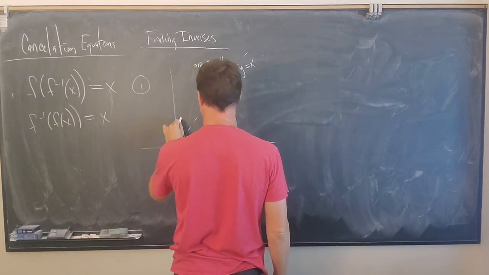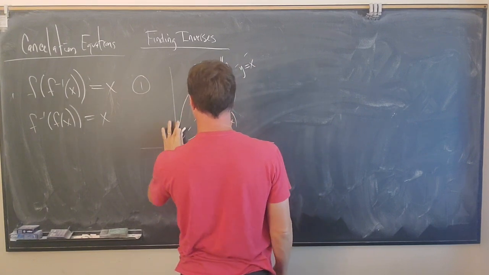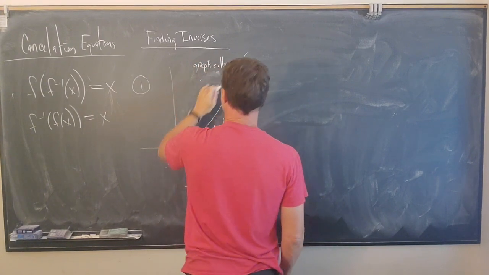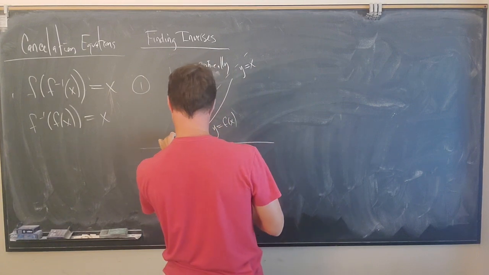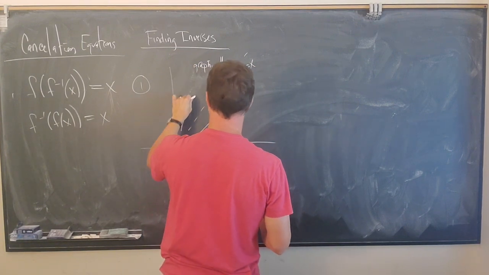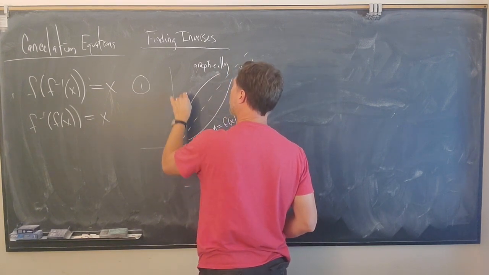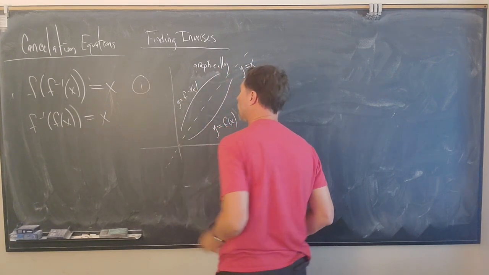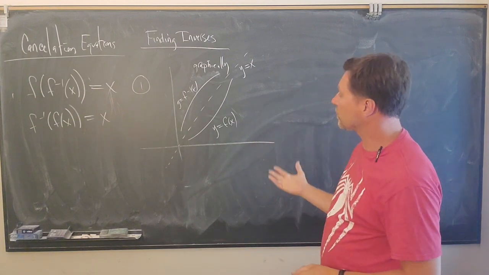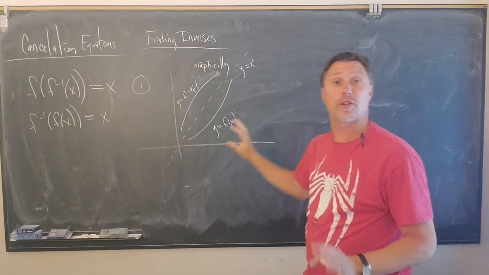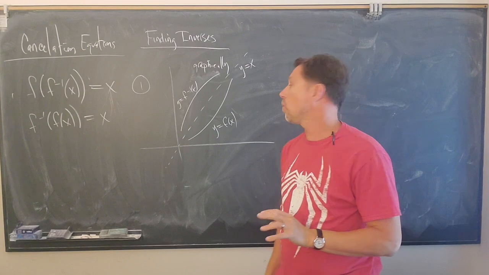And so, I probably got that a little lopsided. Let's do that better. So if I reflect about this line, something like that. So here's the graph y equals f inverse of x. Right? To find the graph of the inverse function, take the graph of the original function and reflect about the line y equals x.